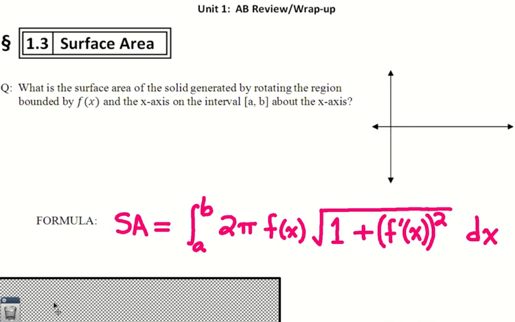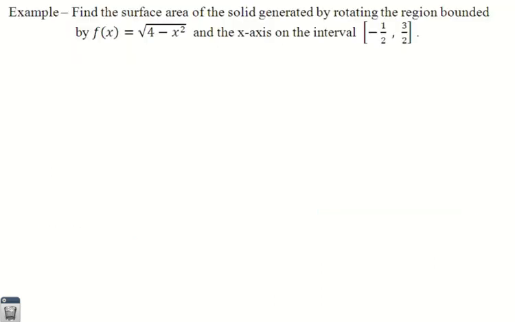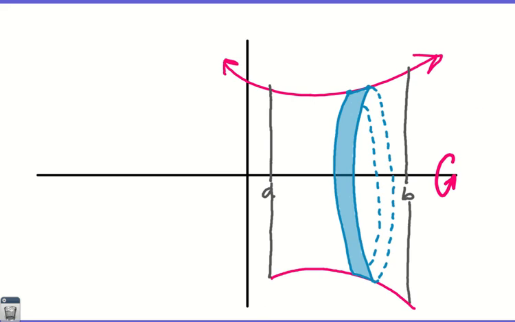But look, we can try to get into exactly where this formula comes from and why this 2 pi f of x times this same square root actually translates to the surface area of just one of these random disks, you know what I mean?